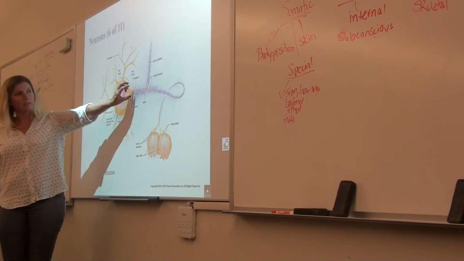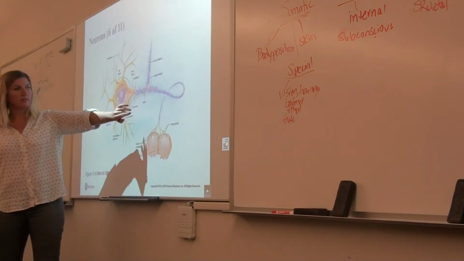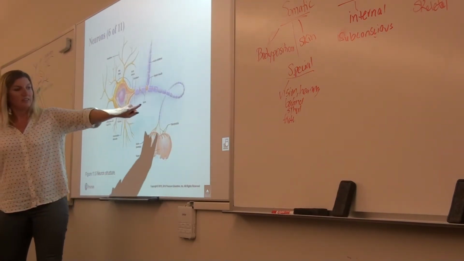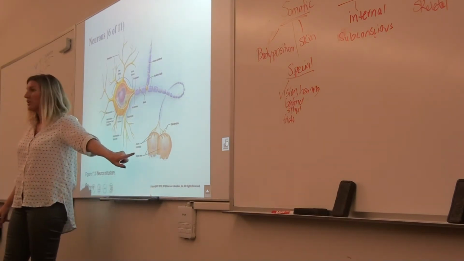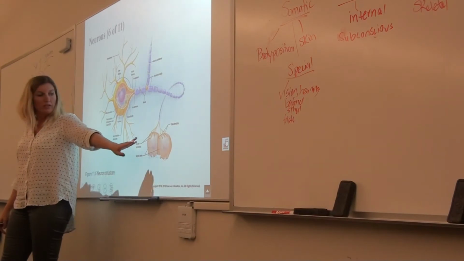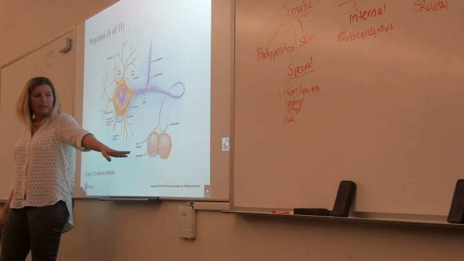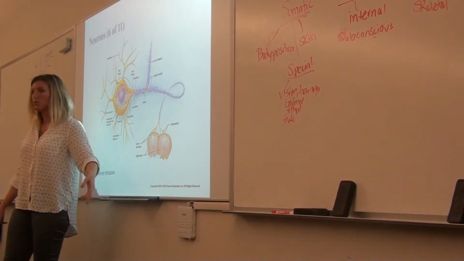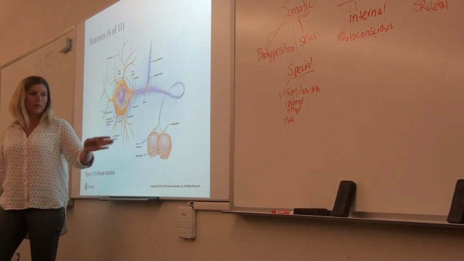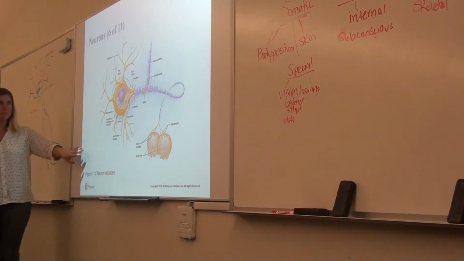Axon hillock, then our axon. Anyways, it goes down to our axon terminals, which are touching our postsynaptic cell, right? So this neuron is communicating to maybe some gland cell, saying, hey, you need to secrete some sweat right now, or secrete some oil or hormone or whatever, and that's what those cells are doing.